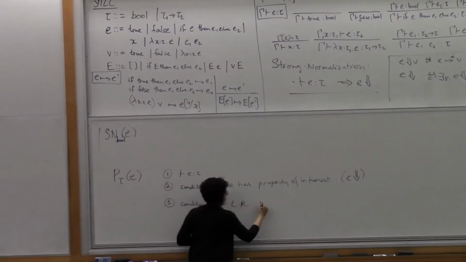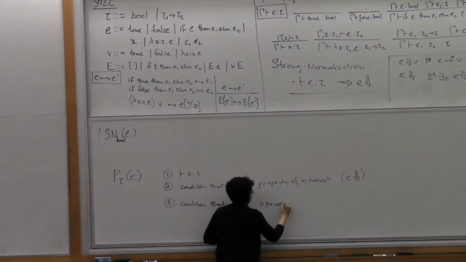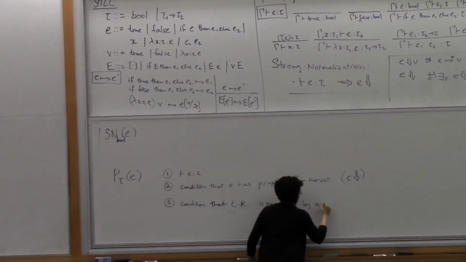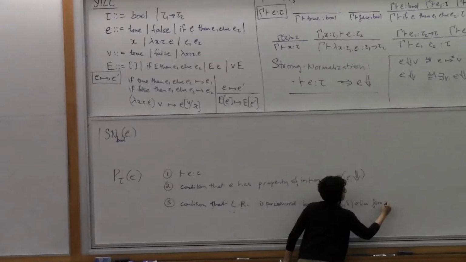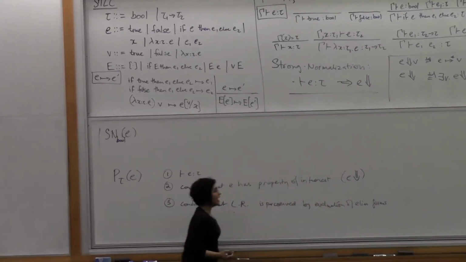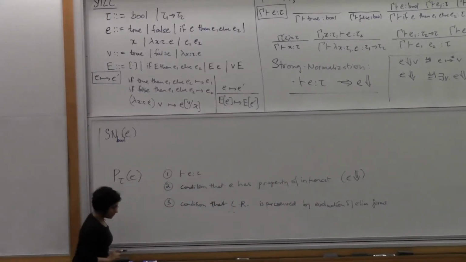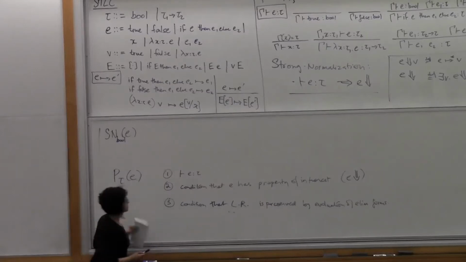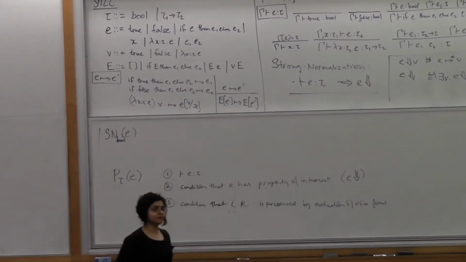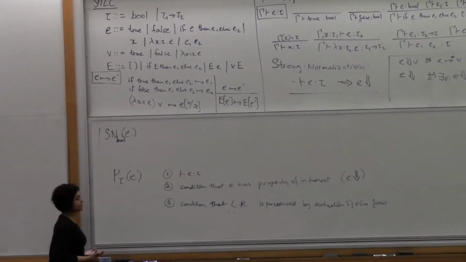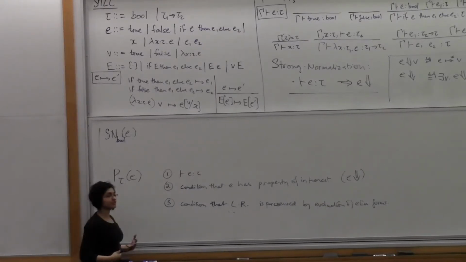Logical relation is preserved by evaluation of elim forms. Okay? And for us, what that's going to mean for this particular thing is that when you, let's say in the case of lambda, when you do an application, you want the expression to still belong to the logical relation. So let's get to that concretely.